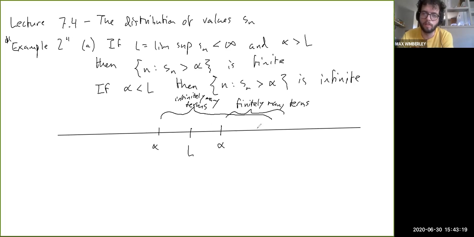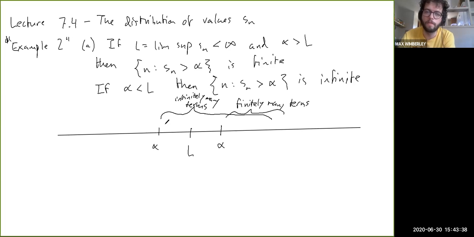So it's possible that there are only a few distinct values that occur over here, but they might occur infinitely often. So when I say infinitely many terms, I really mean infinitely many indices n for which this is true.